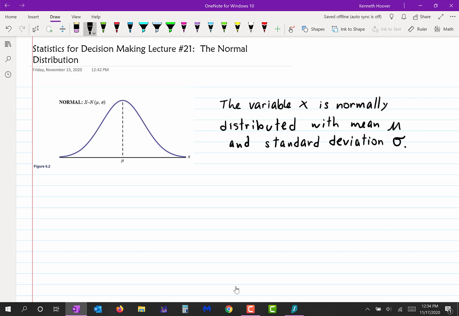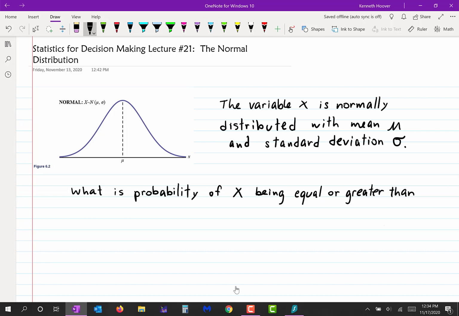And what if you were asked, what is the probability of x being equal to or greater than some number? Let's just call it x1. What's the probability of x being equal to or greater than some number x1?